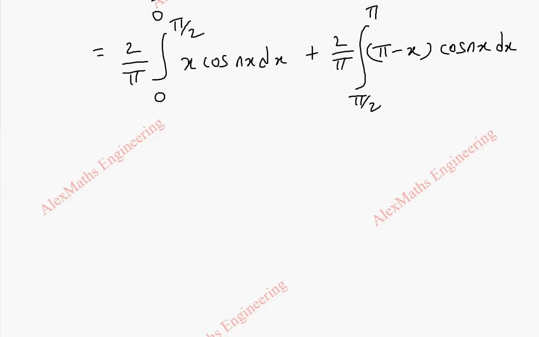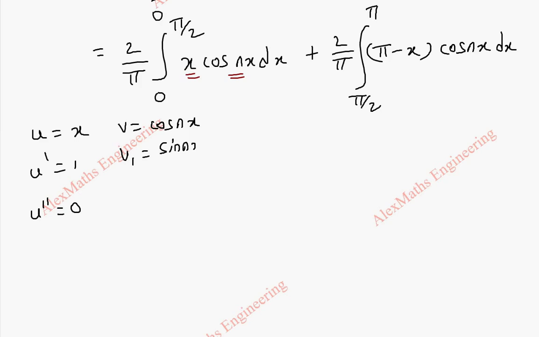Now we are going to use Bernoulli's formula. We take the first as u, the second as v. So u equals x and v equals cos nx. From this I have to find u dash, which is 1, then u double dash, which is 0. V1, the integration of v, is sin nx by n, and v2, the next integration, is minus cos nx by n square.